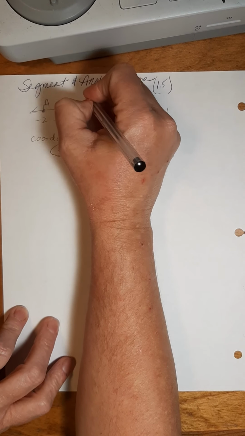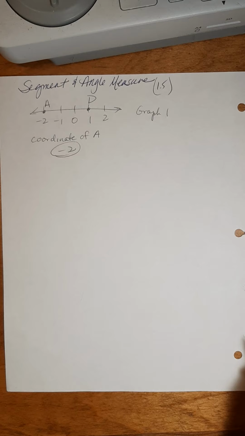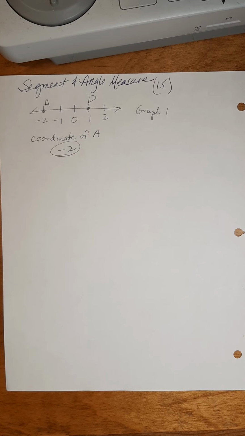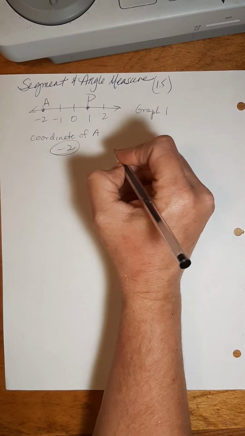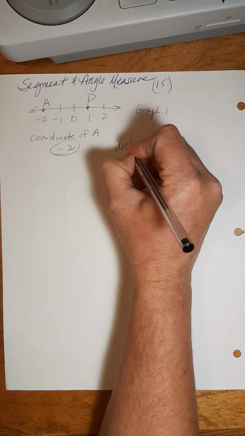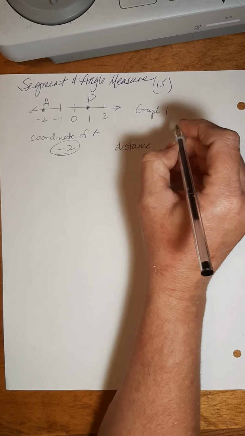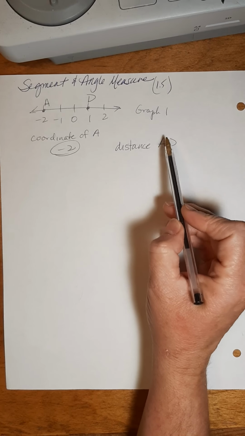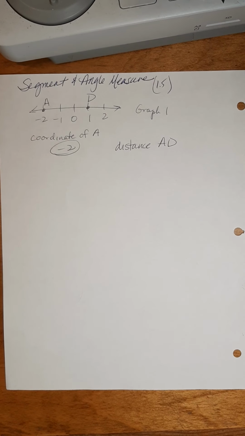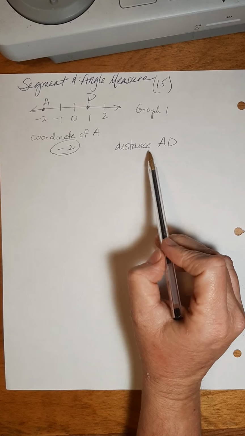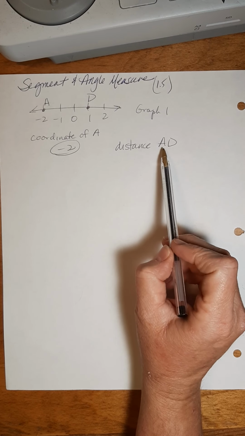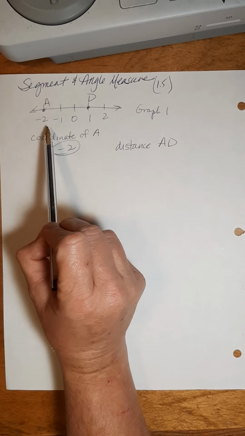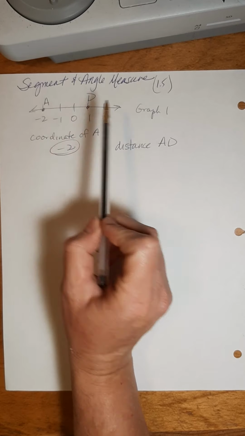Now let's say you wanted the distance from A to D, which distance, when you see it, it's just the 2 letters but with nothing up above it, just notation. But if you wanted to find AD, or the distance between A and D, well, on a number line, you could literally just count 1, 2, 3.